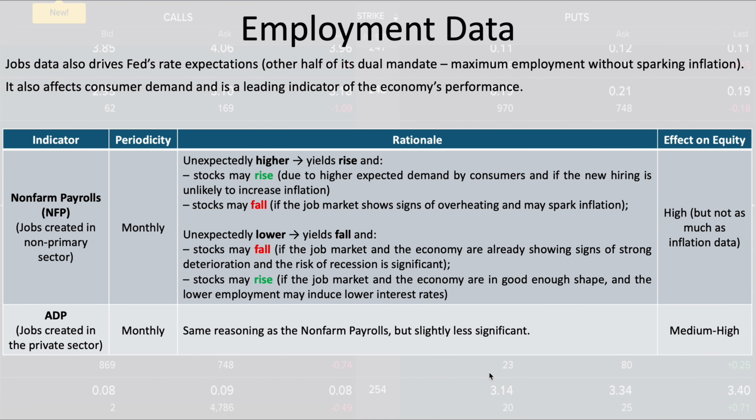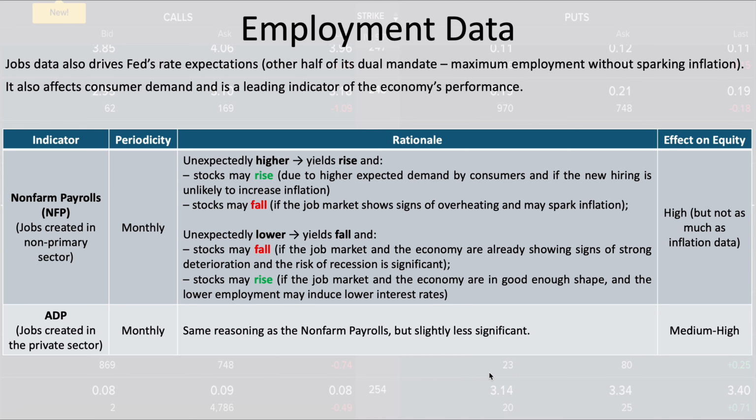So it's expected as a leading indicator of economic performance, because the more hiring, the more expected consumer demand, and so the economy will tend to fare better, especially in the case of the US, in which consumer demand is about 2/3, between 65 and 70% of the entire GDP. So it's a very important aspect of the US economy's performance.